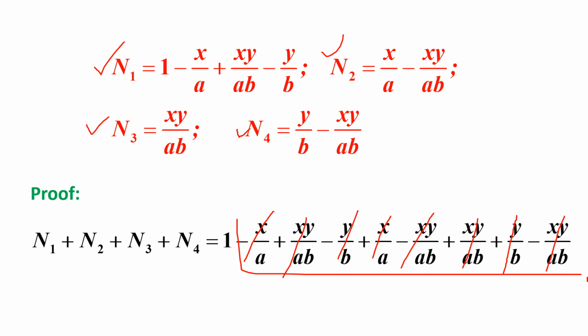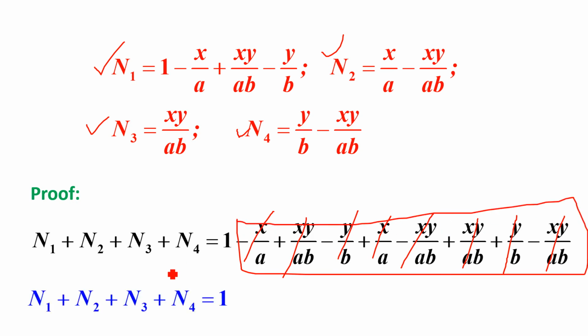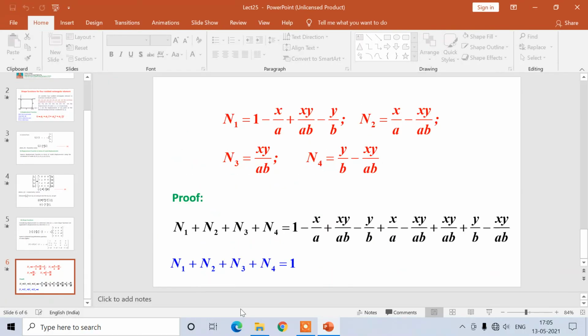So all these elements will get cancelled. So the answer of N1 plus N2 plus N3 plus N4 is equal to 1. Okay, so this is the derivation of shape functions for a 4 noded rectangular element using polynomial in Cartesian coordinate system. Okay, thank you very much.